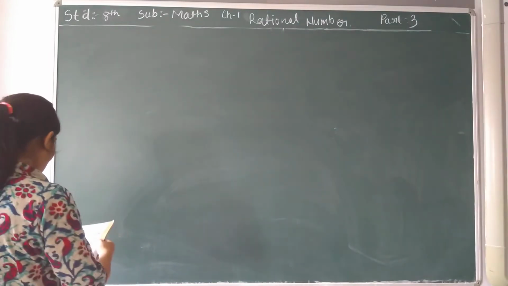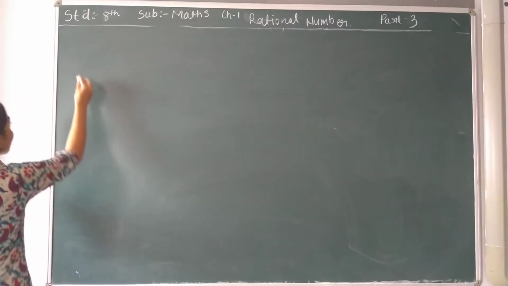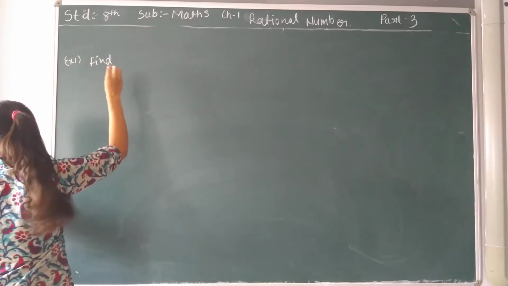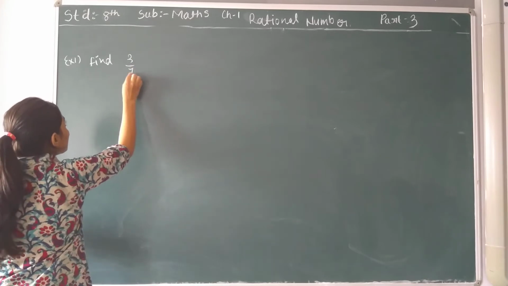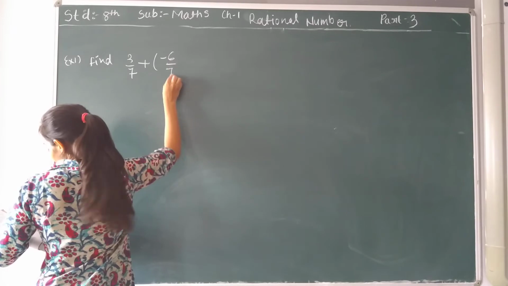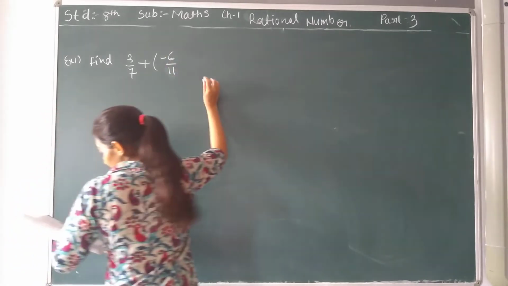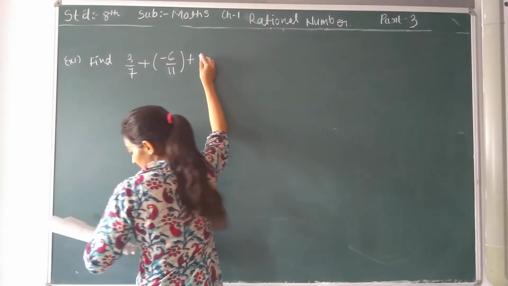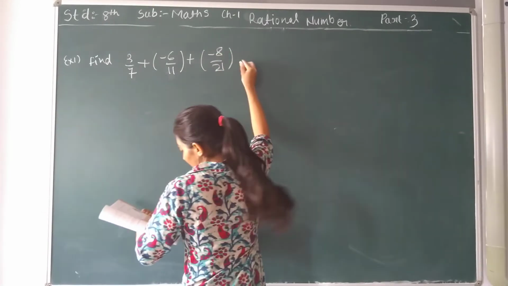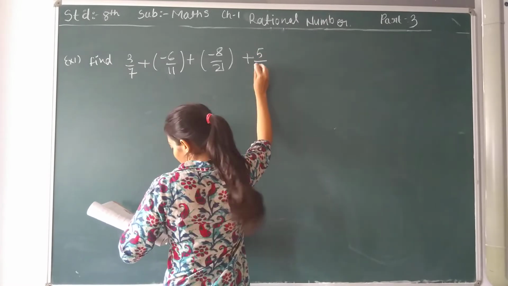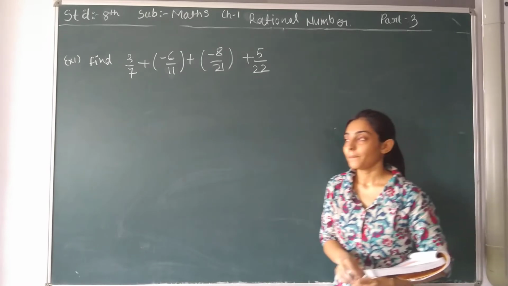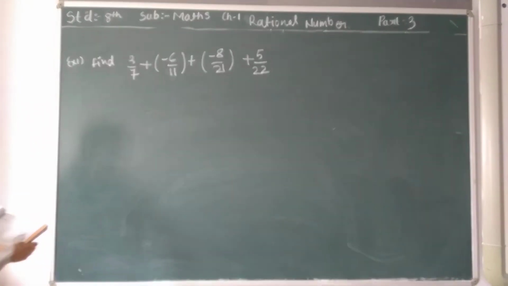Example says, find 3/7 plus 6/11 minus 8/21 plus 5/22. See, we have to solve this one.